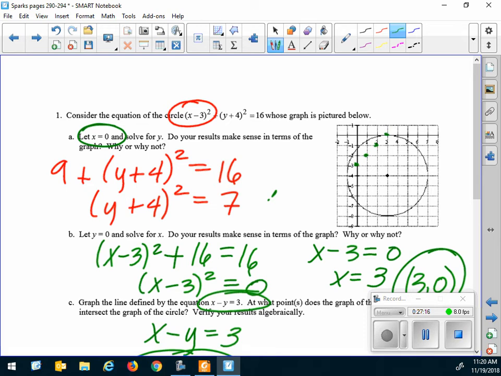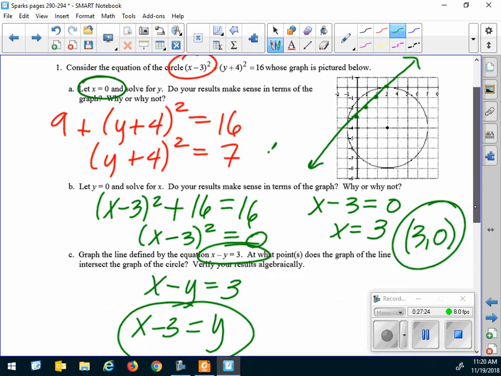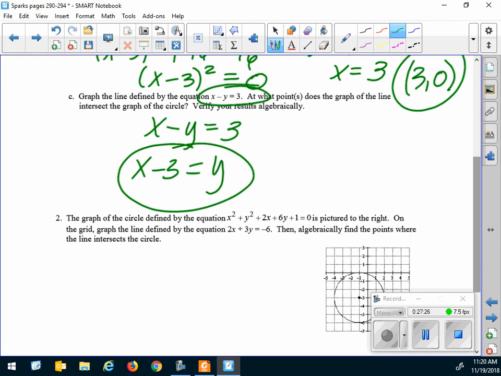All right. What if we had subtracted x from both sides? Does that help? Okay. At what points does the graph of the line intersect the graph of the circle?